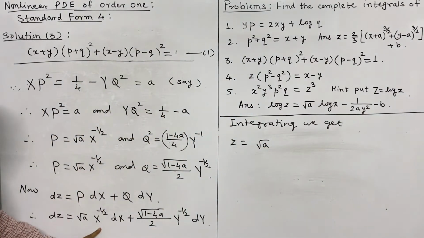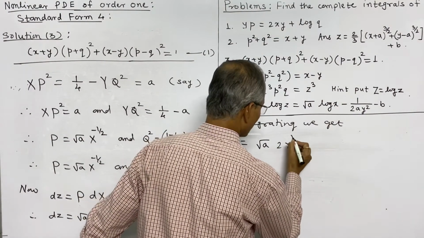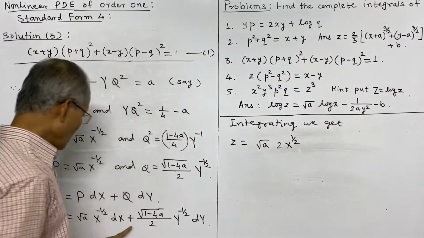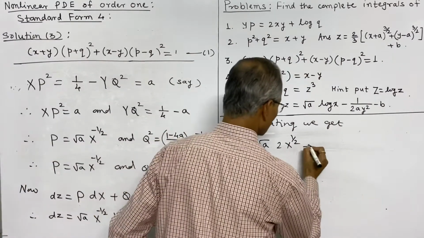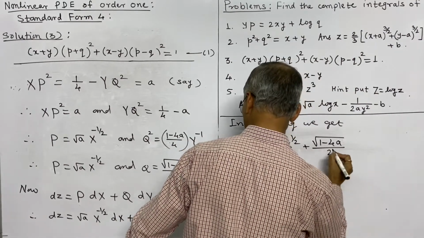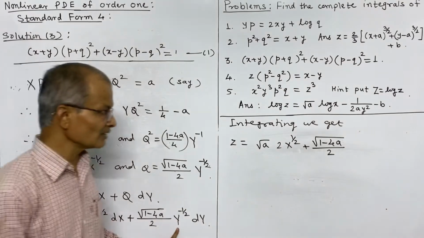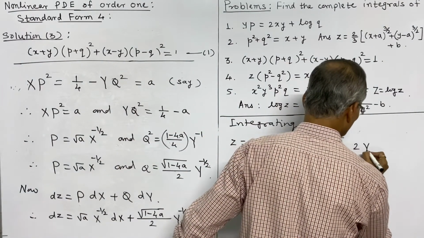X to the power positive half divided by half means 2 into x to the power half, plus this constant, root of 1 minus 4A divided by 2, and again the integration of y to the power minus half is twice y to the power half.